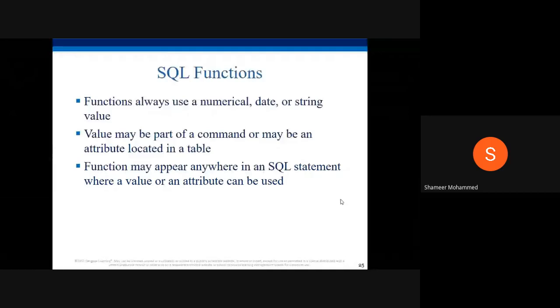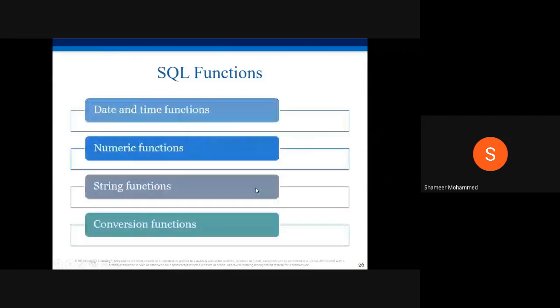How can you insert the date? You can write that function in the SQL statement where a value can be used. Now see what they are. First is date and time functions. Second type of function in SQL is number functions, numeric functions. Third, string functions. Fourth one, conversion functions.